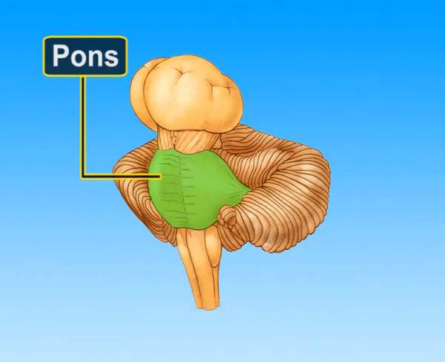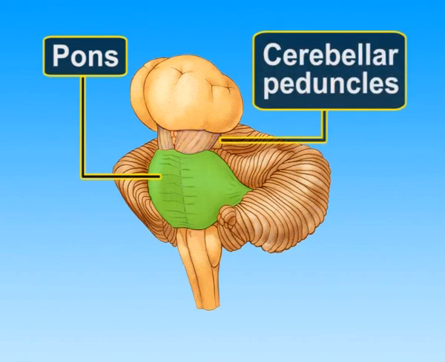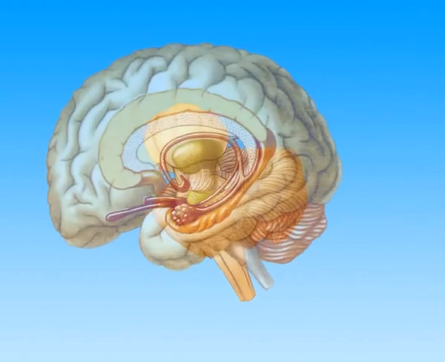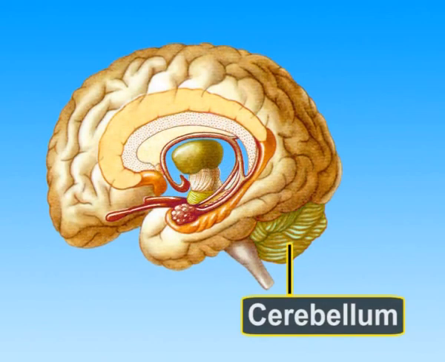On the posterior side, it consists mainly of two pairs of thick stalks which are known as cerebellar peduncles. It is basically a pathway connecting the two halves of the next part, cerebellum.